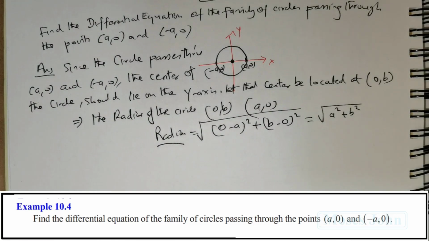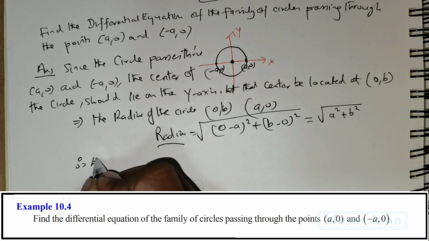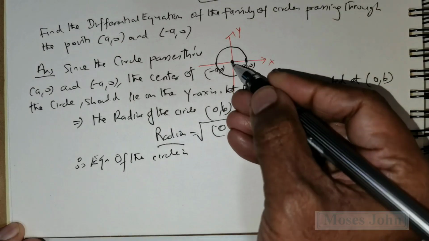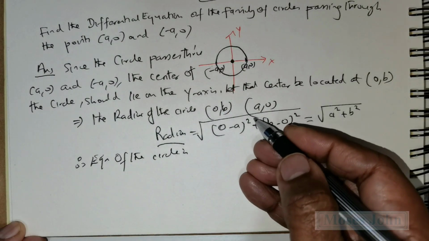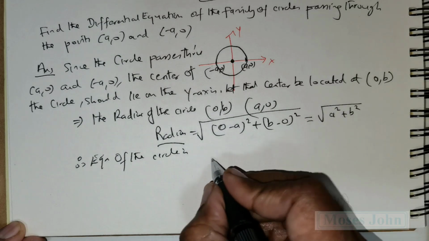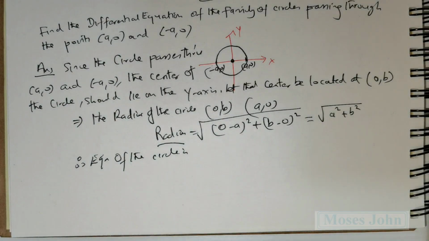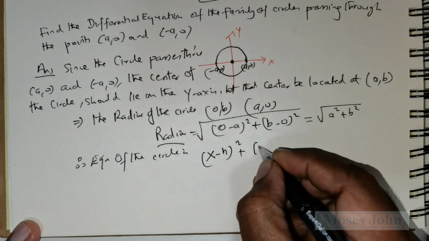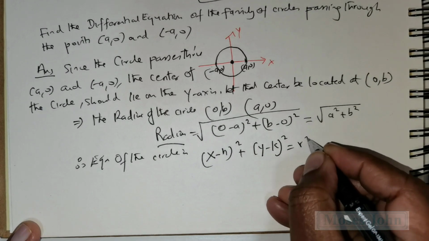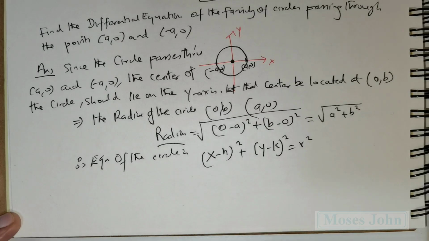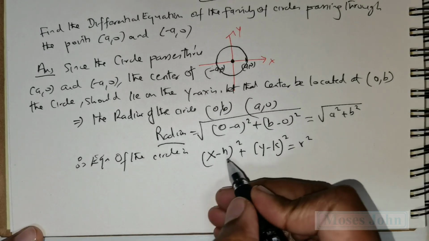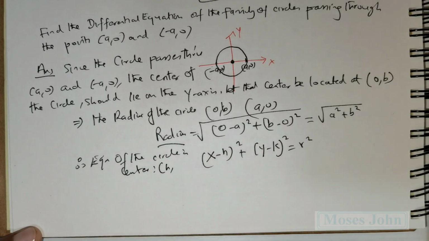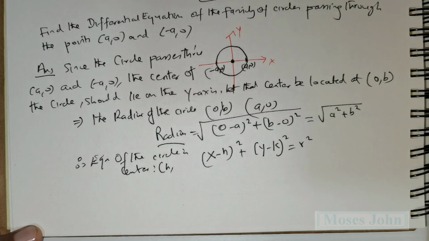Right? Now the equation of the circle: the center is (0, b) and the circle passes through (a, 0). So I can write the equation as (x - h) squared plus (y - k) squared equals r squared. This is one of the forms of the circle, where (h, k) is the center, located at h, k.